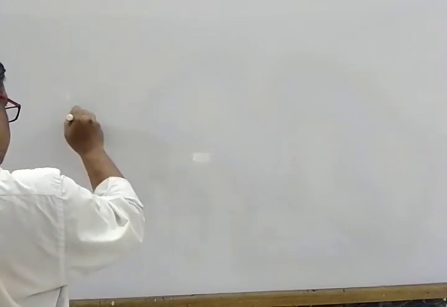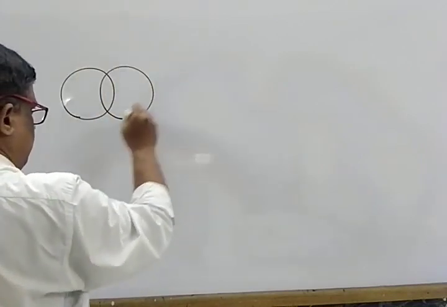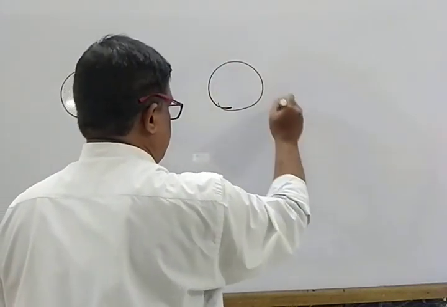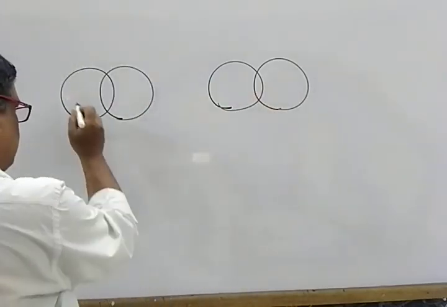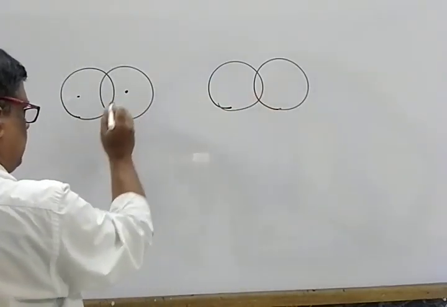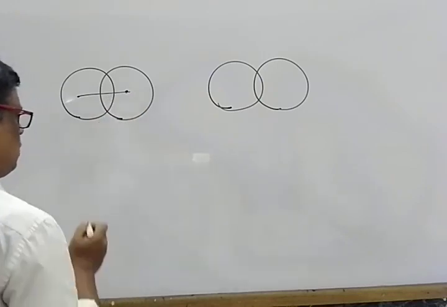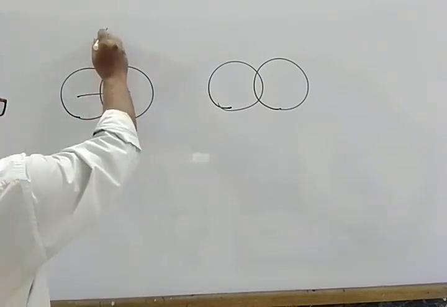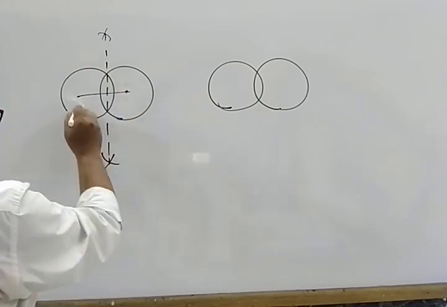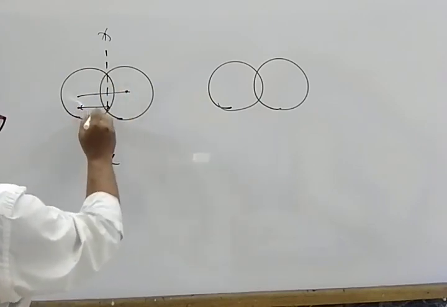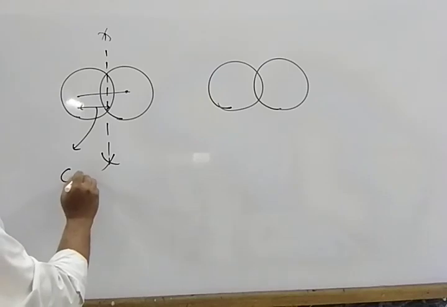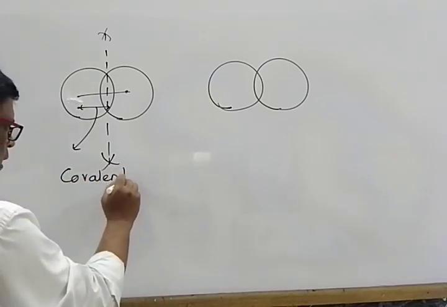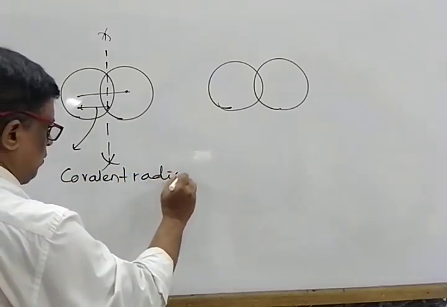If we represent it in the form of a diagram, mark that it is a bonded molecule, and this is also a bonded one. So this is the center of the two bonded atoms. If we make a half of this one, then this one is known as the covalent radius.